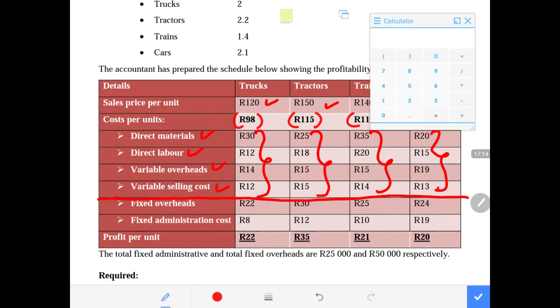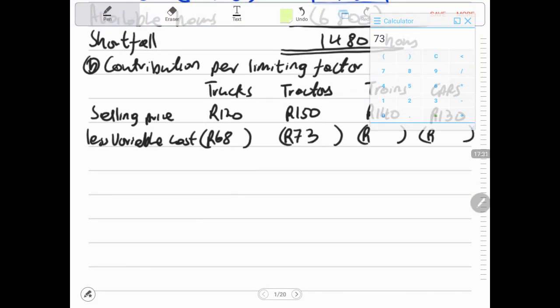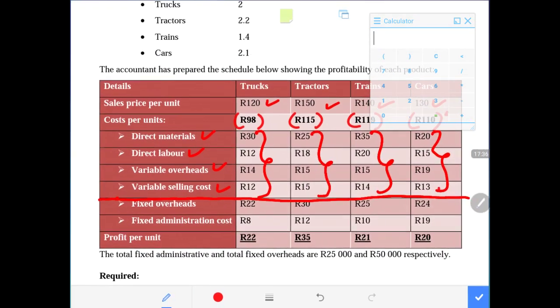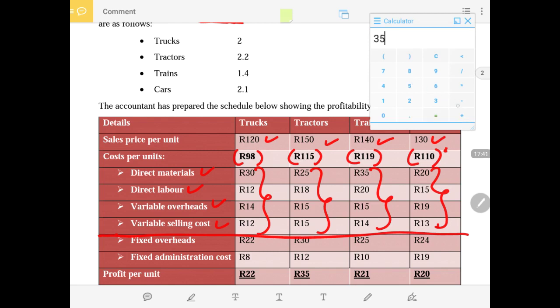Then we go to the second one, 25 plus 18 plus 15 plus 15. That is the second one. This gives us 73. Then we have 35 plus 20 plus 15 plus 14.